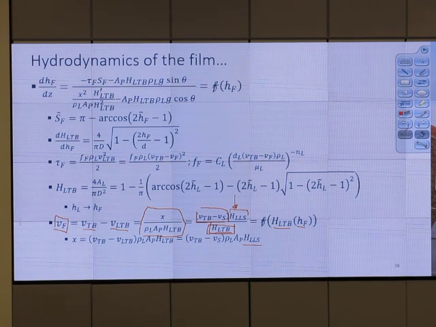Okay? So V is a function of H, tau is a function of V and a function of H. So everything here is a function of HF. Left hand side dHF by dz equal to some big function, but everything is a function of HF.